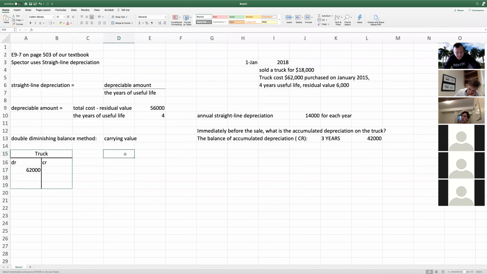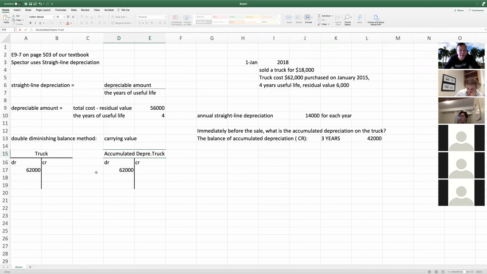And here, for the cumulative depreciation, truck, this one is a credit balance of 42,000, okay?